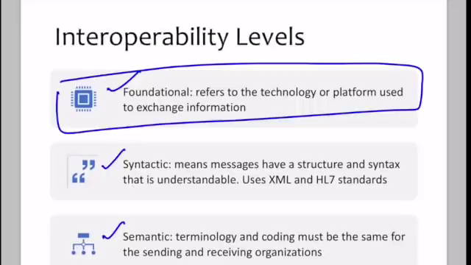Just recall the healthcare computing technologies that we discussed in chapter 2 in our second class. These are the foundational levels. Then there is the syntactic level, which means messaging has a structure and syntax that is understandable. For example, these are the names of the formats: XML, extensible markup language, and HL7, Health Level 7.